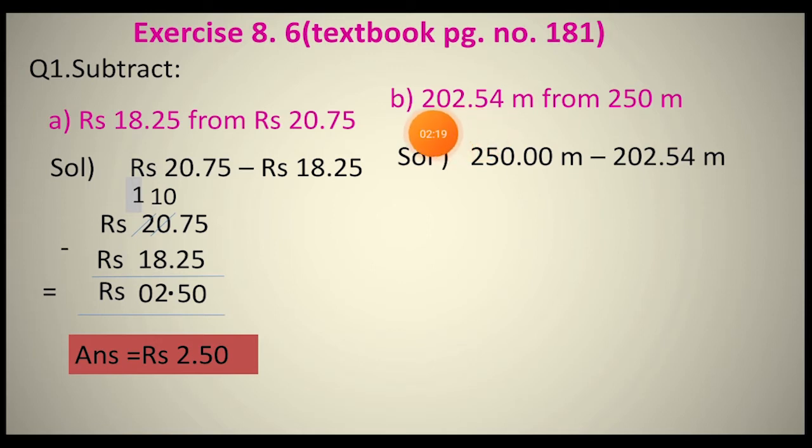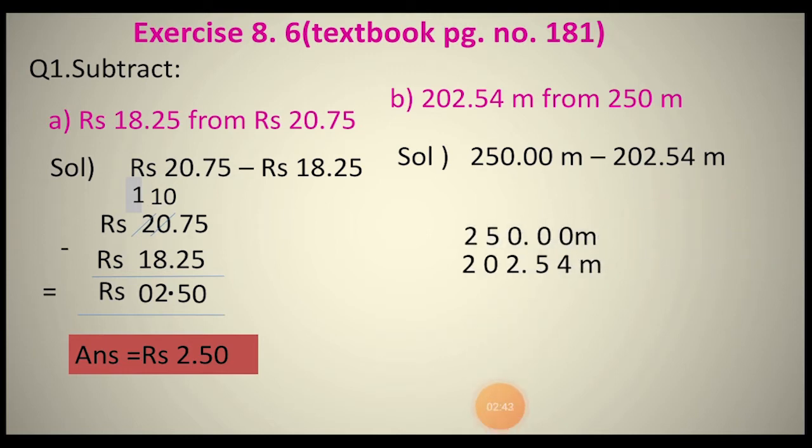In the first number there were 2 digits after the decimal point, so likewise in 250 we will also mention 2 digits after the decimal point, towards the right side. So here we wrote 250.00 meter minus 202.54 meter. Now let us arrange them one below another and get the subtraction.